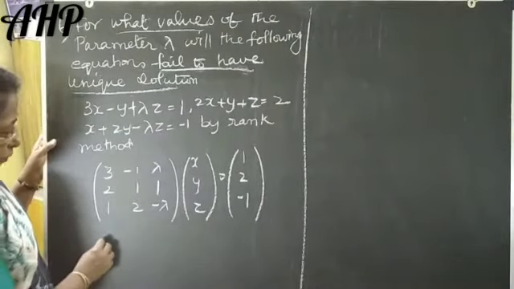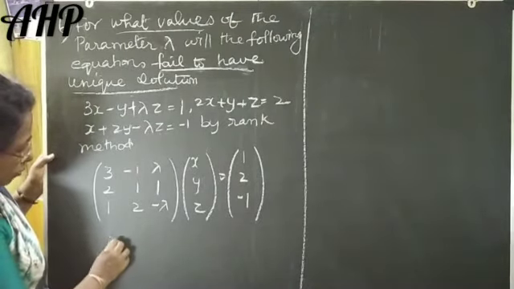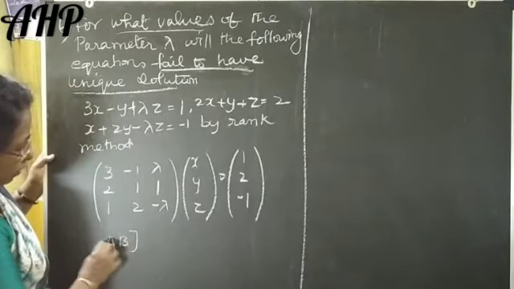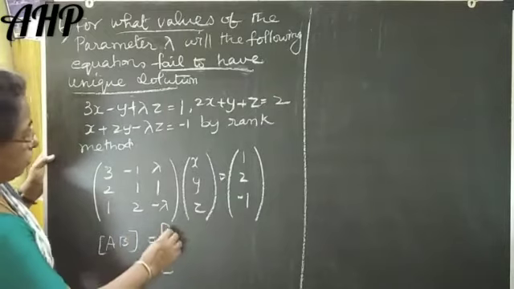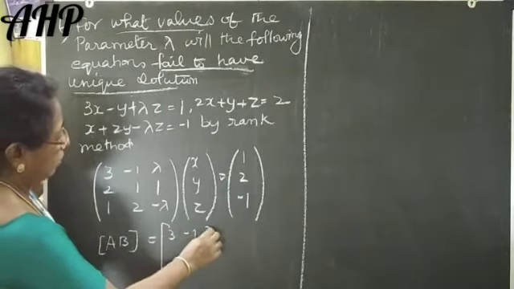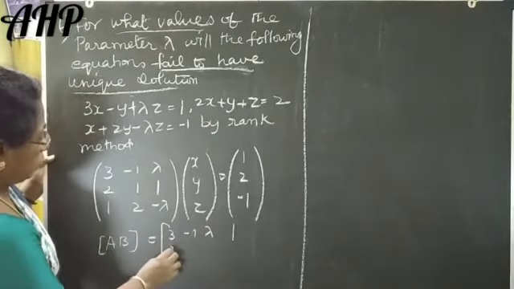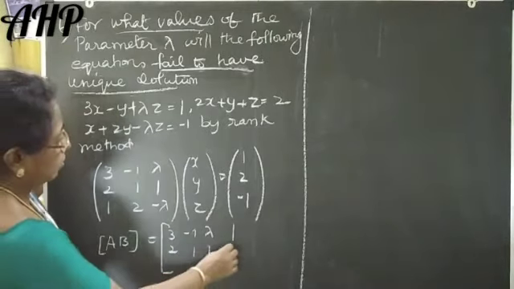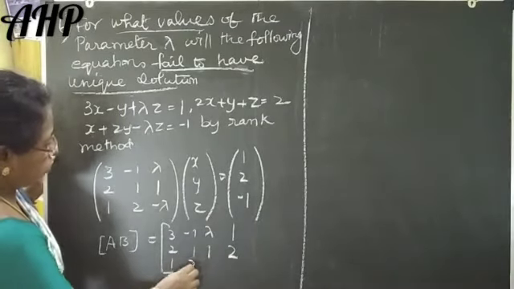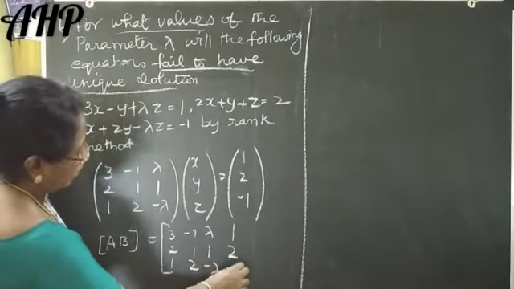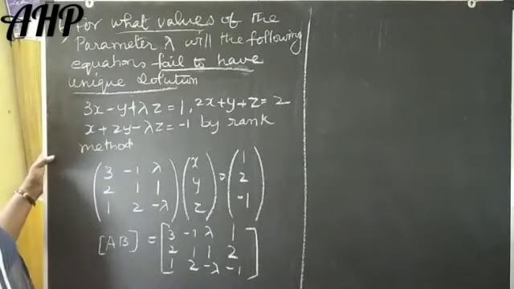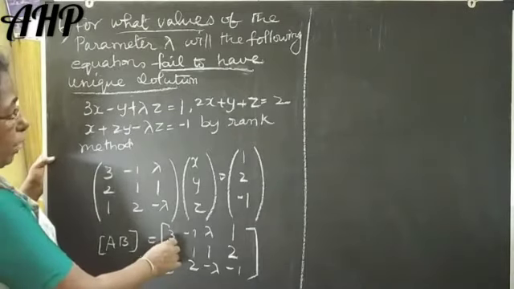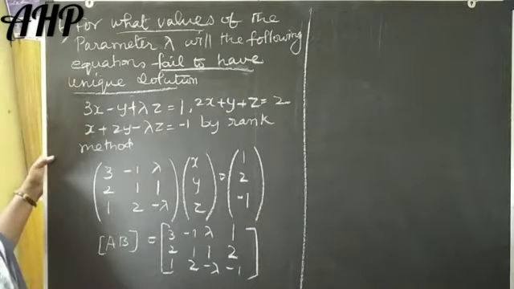Writing this in augmented matrix, augmented matrix AB is equal to [3, minus 1, lambda, 1; 2, 1, 1, 2; 1, 2, minus lambda, minus 1]. Now our aim is to write this equation in echelon form.